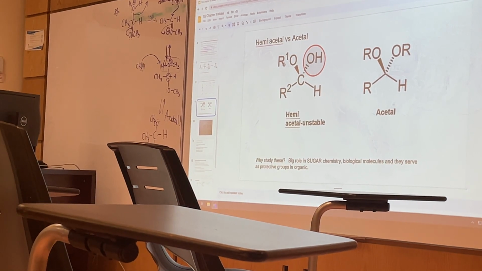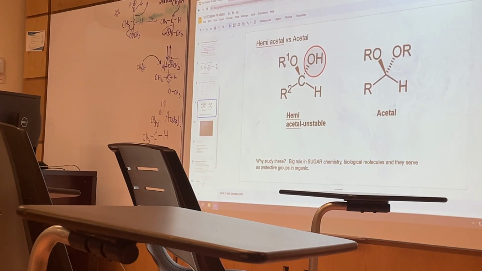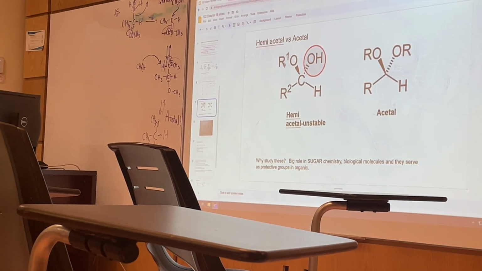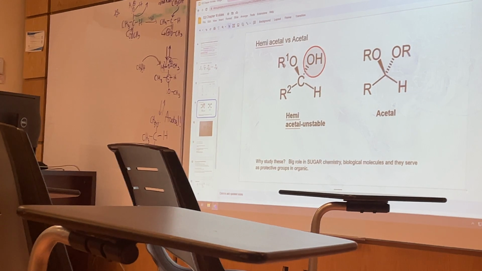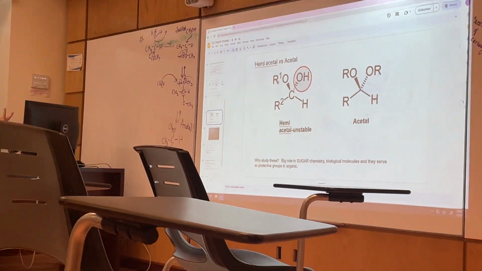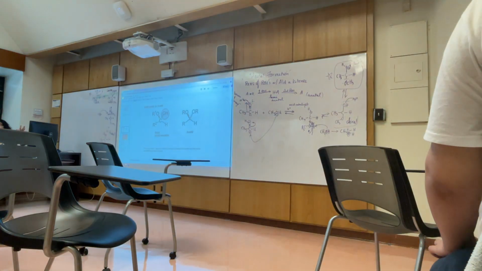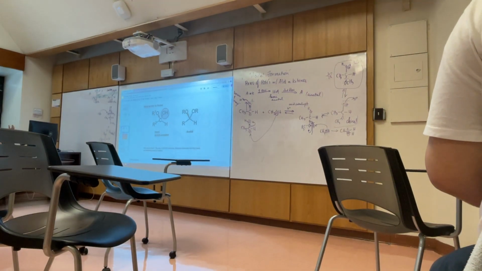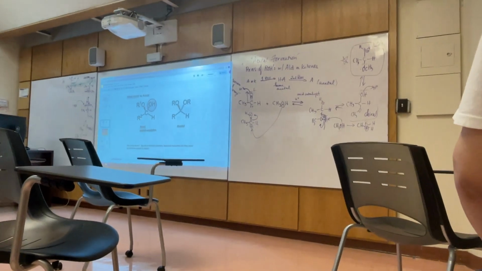Step by step. First step, protonation of the carbonyl. Second step, attack of the nucleophile, first alcohol. Third step, removal of a proton, right? That makes hemiacetal. Fourth step, protonation. So this is the fourth step, starting here, right?